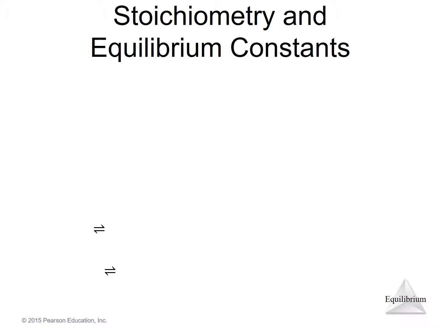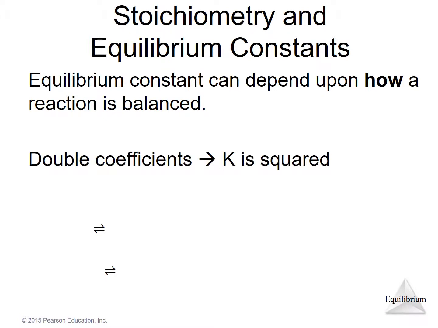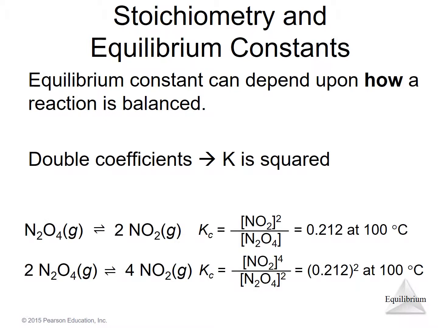And then finally, a little bit about stoichiometry and equilibrium constants. This is similar to what I said earlier about a reaction being written in the reverse direction. The value of the equilibrium constant can depend on how you balance a reaction. So here's an example. N2O4 splits into 2 NO2 molecules, and I write Kc in the way that I wrote it before.